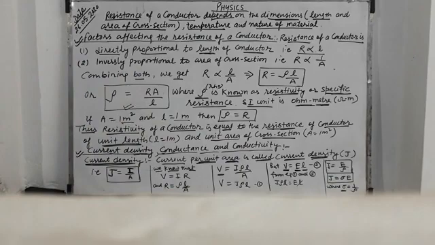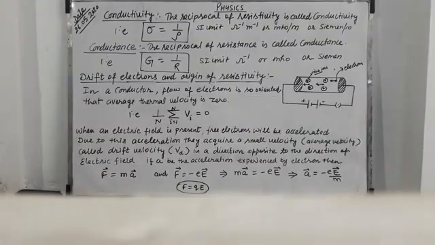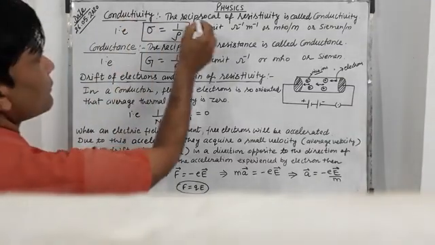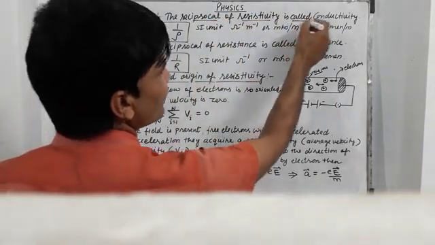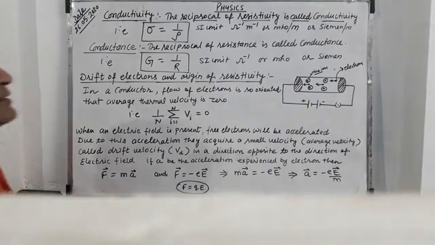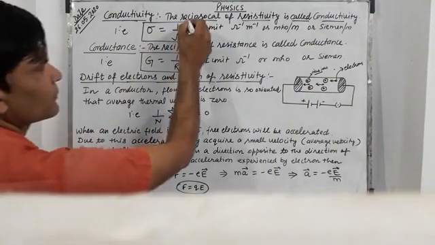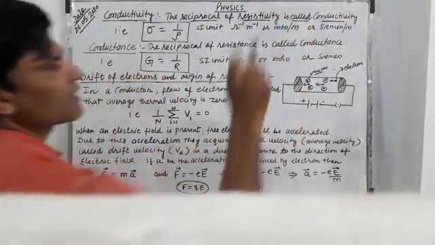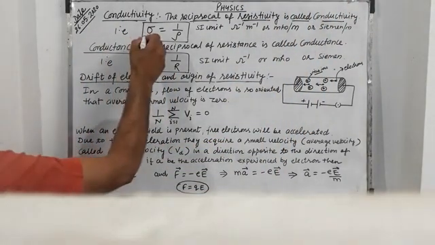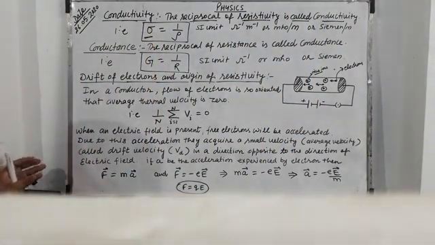Okay, now conductivity. The reciprocal of resistivity is called conductivity. Conductivity is denoted by sigma.